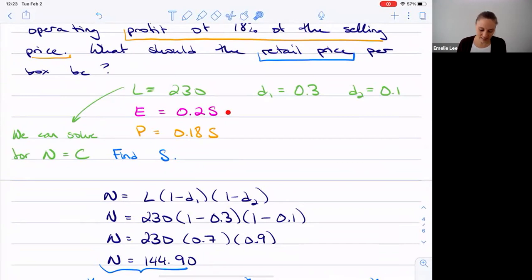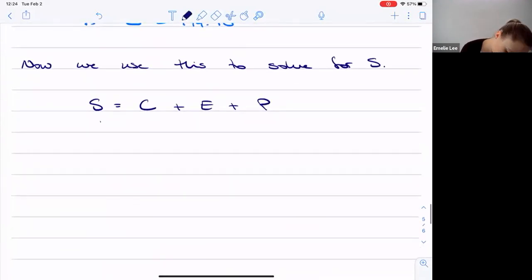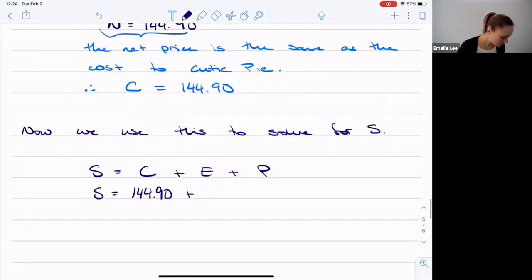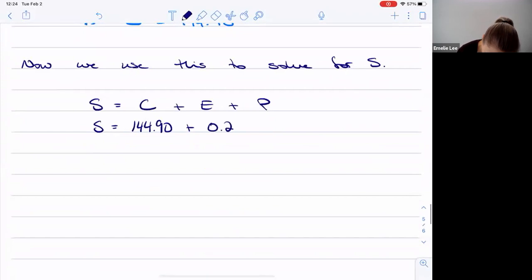And then E is 0.2S and P is 0.18S. So S is 144.90 plus 0.2S plus 0.18S.